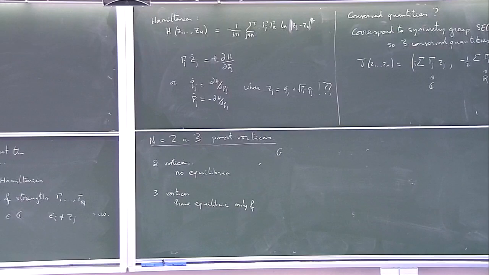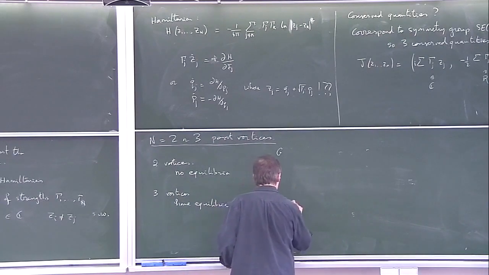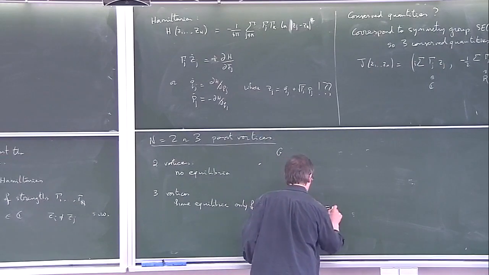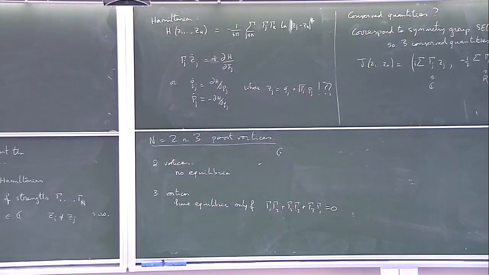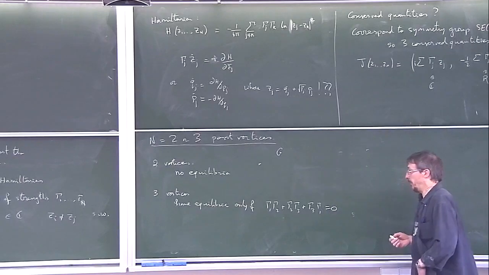Sorry, I'm looking in the wrong place. No, it's not there either. Okay, I believe it's gamma 1, gamma 2, equals 0. That's symmetric. So, for example, if all three are positive, then there cannot be any equilibria.